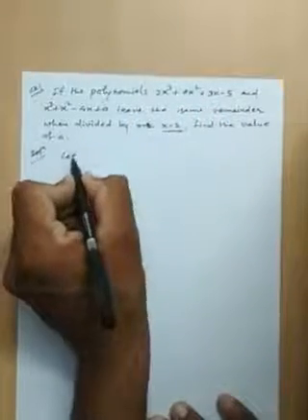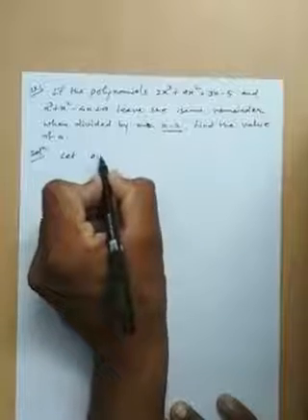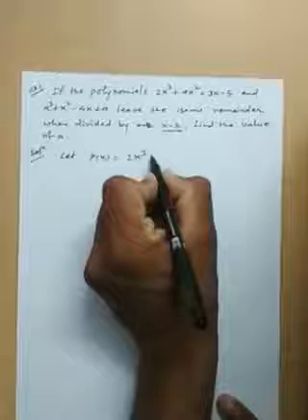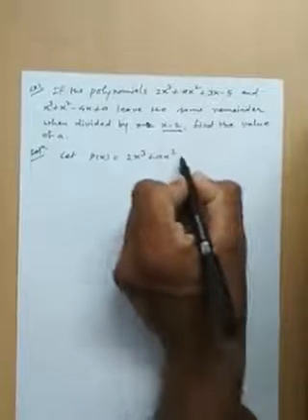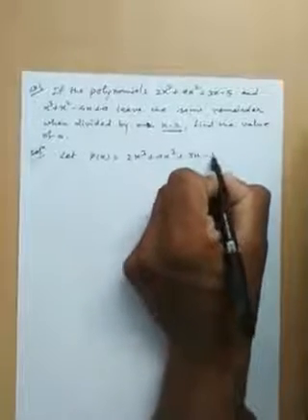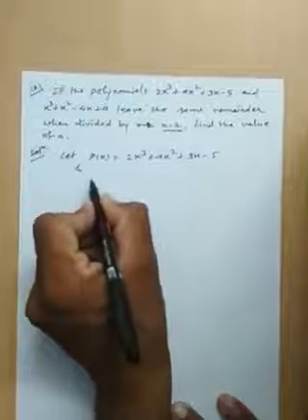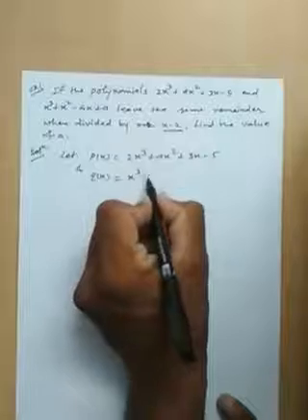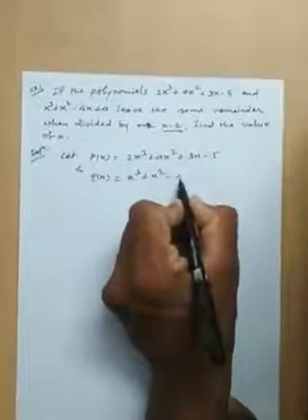So first of all, assume these two polynomials. There are two polynomials, so p(x) for one polynomial and q(x) equal to x cube plus x square minus 4x plus a.